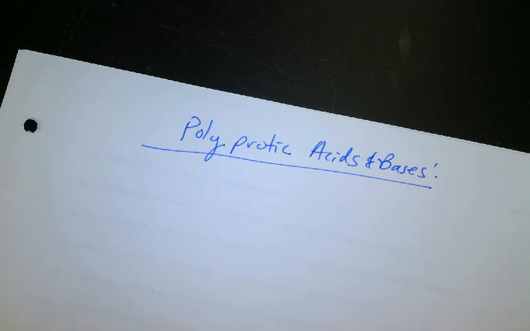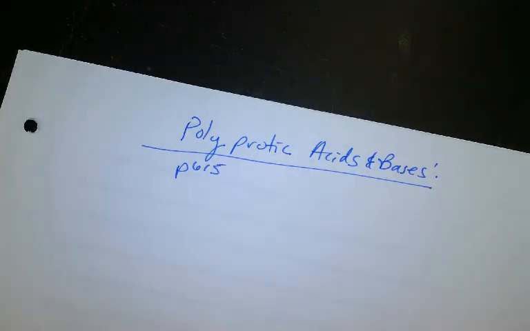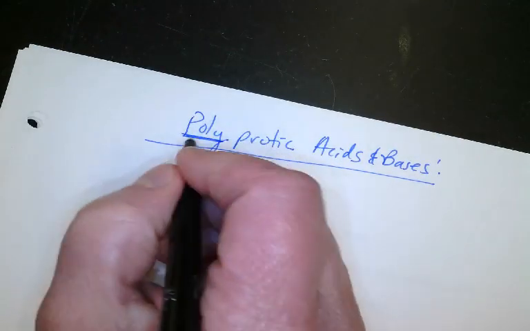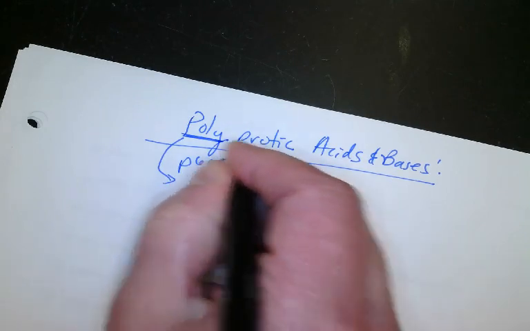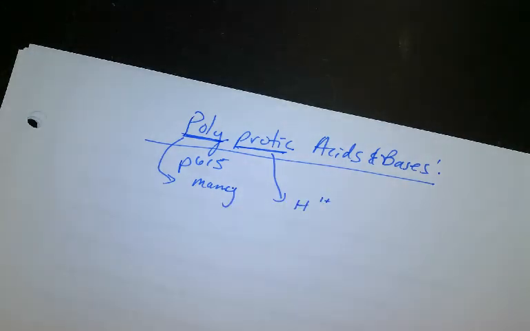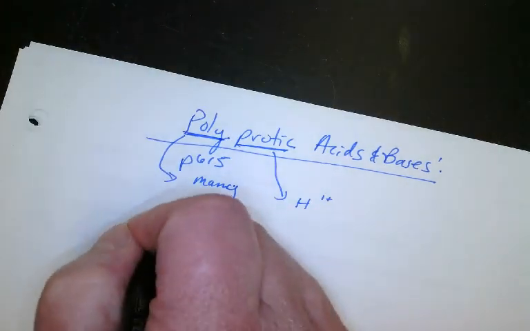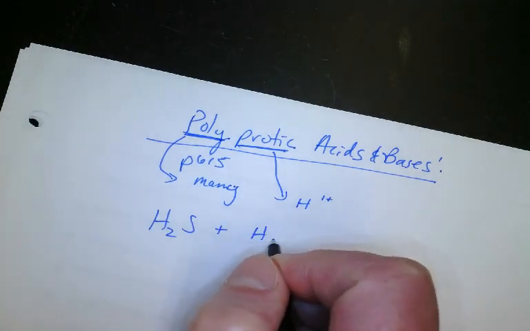If you turn to page 615 in your textbook, you can look at some awesome pictures. The prefix poly means many, and protic means protons. So that means that these have more than one proton. For example, that right there.